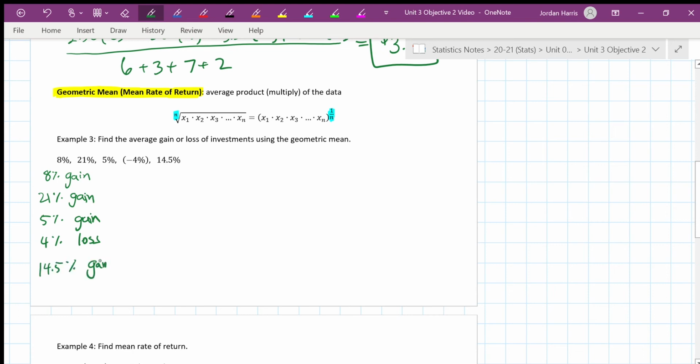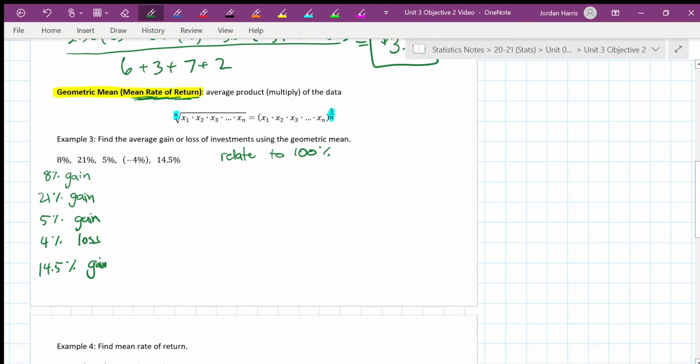Okay, so I want the geometric mean, in this case, the mean rate of return. Okay, notice they mean the same thing. So if you see something asked for a mean rate of return or a geometric mean, it's the same thing. Okay, we have to relate to 100%. Okay, because we're saying how much did I go up, basically.